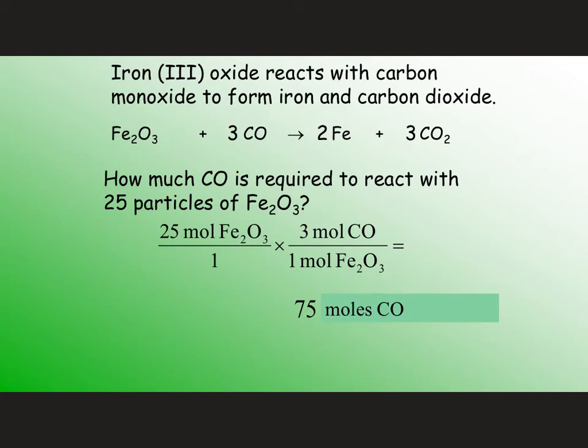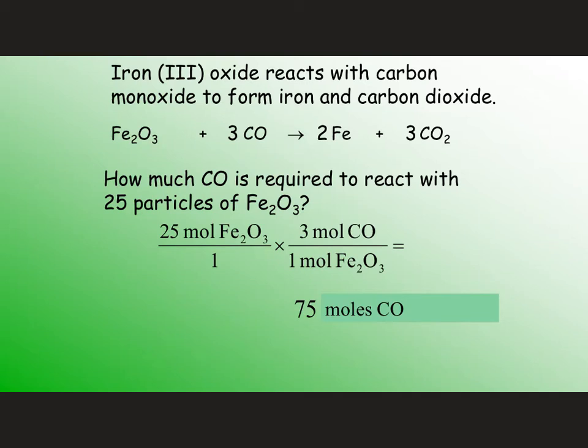So that would be unbalanced, just given the formulas. So you see the coefficients to balance the equation, the 1 for the iron oxide, 3 for the carbon monoxide, 2 for the iron, 3 for the carbon dioxide. You need a balanced equation in order to do any of these calculations, because that balanced equation is going to help us with our mole ratio.